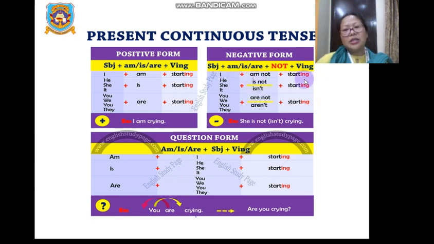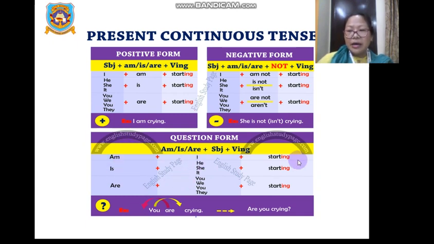I am not starting. She is not starting. Right? And you are not starting. So we add not in a negative form. In a question form, it is am, is, are plus subject plus verb with ing. So we have changed the placement here.